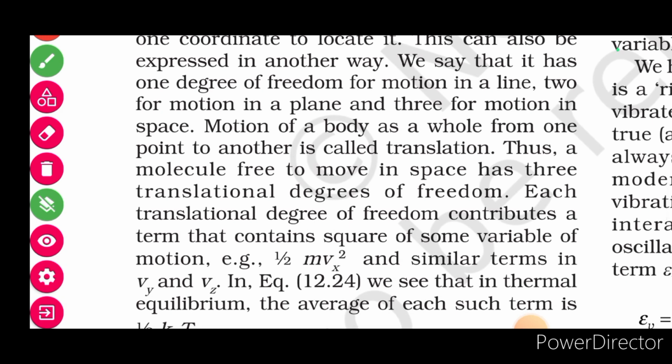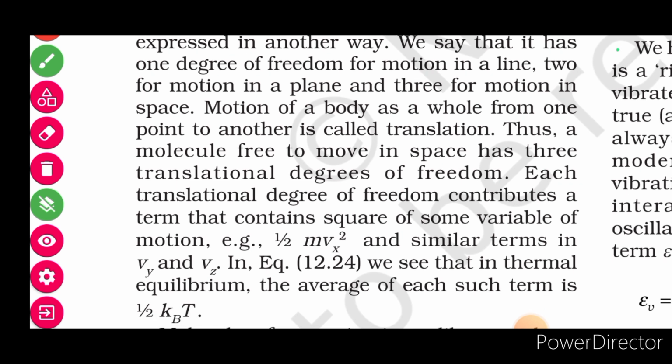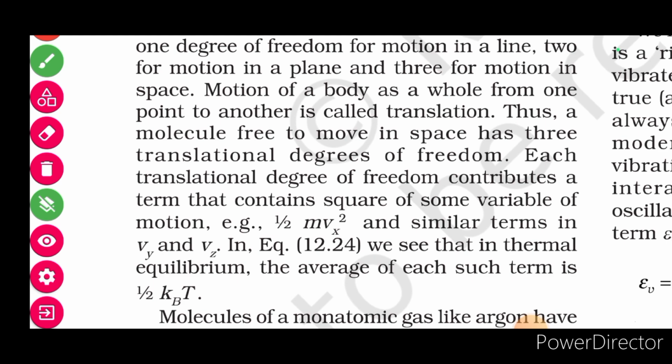Thus, a molecule free to move in space has 3 degrees of freedom, because we need 3 coordinates. It can move in 3 directions, so it will have 3 translational degrees of freedom. Each translational degree of freedom contributes a term that contains the square of some variable of motion, half m v squared, and similar terms in vx and vy.